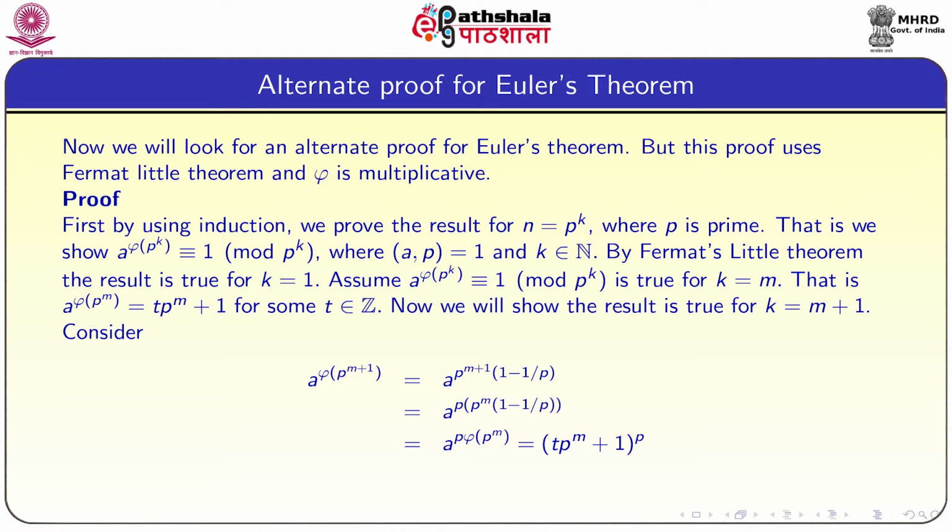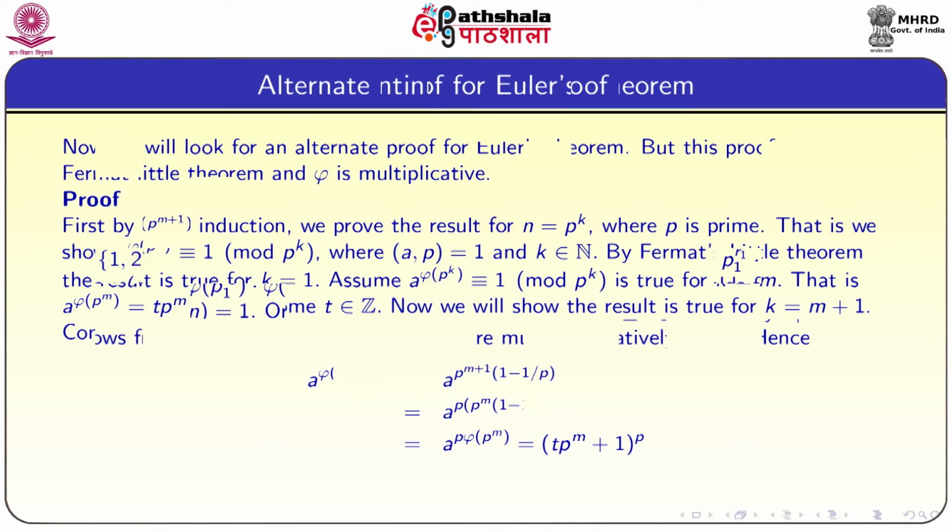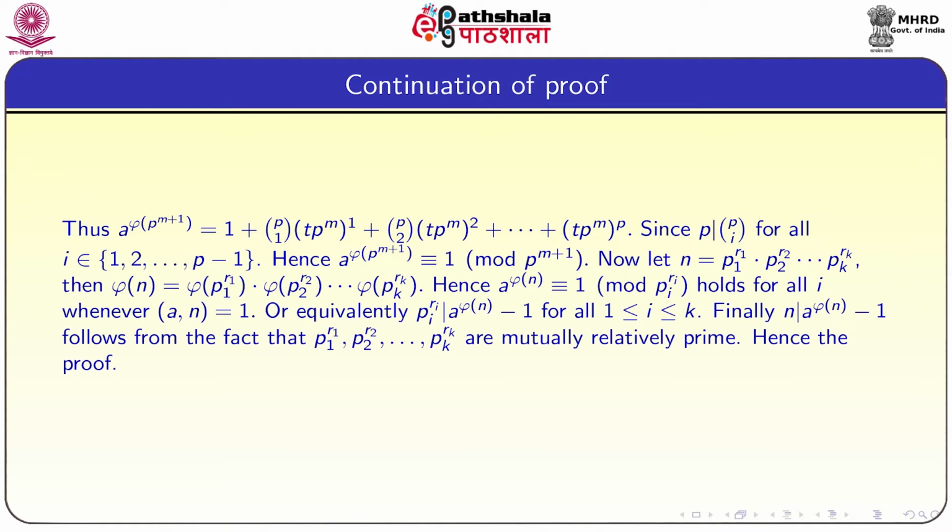But we just now assumed that a^φ(p^m) = t p^m + 1. So, thus a^φ(p^(m+1)) is equal to 1 + (p choose 1) t p^m + (p choose 2) t^2 p^(2m) + ... + t^p p^(mp).